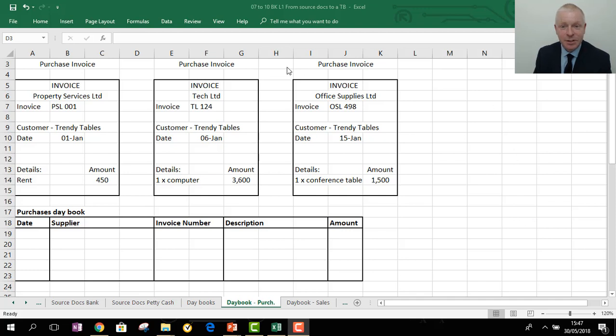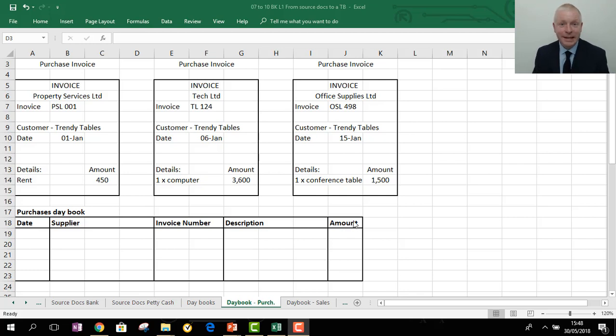In this instance, the purchase invoices need to go to the purchases day book, and as you can see, we have a purchase day book template laid out here at the bottom of the screen, and it has basic information that it's going to capture, and that's going to involve the date, capturing the date of the invoice, the name of the supplier, the invoice number that's noted on the actual purchase invoice itself, and we can also add a description because that might be helpful in future referencing points, and the monetary value of the particular invoice.